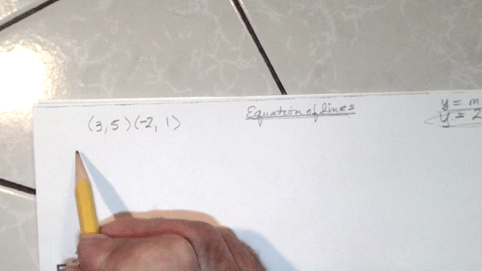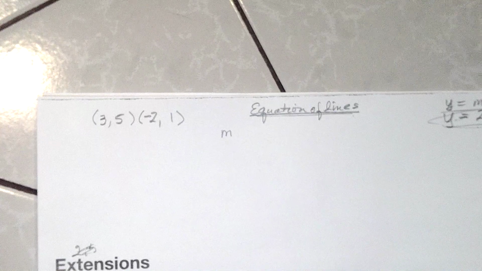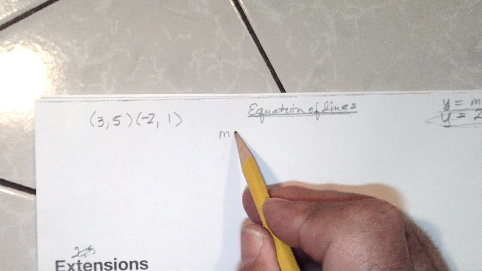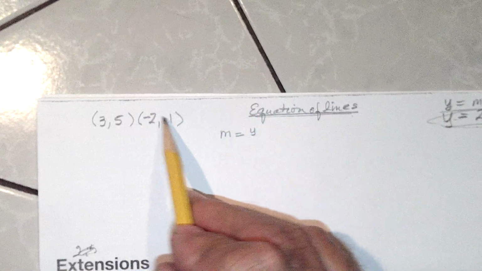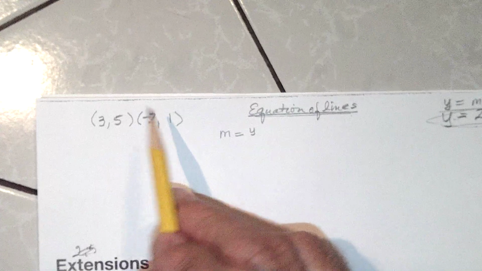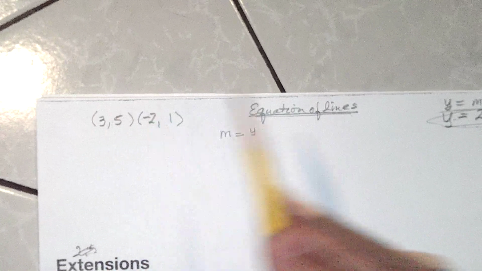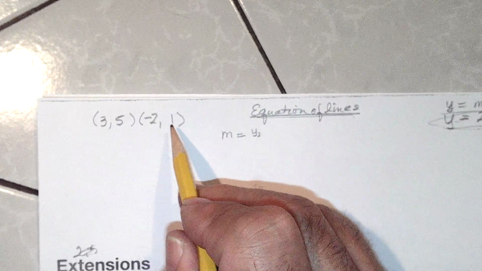Now, you may have found the slope of a line through a formula that said to do the y coordinate from the second point, and you could decide this is the second point and this is the first one, or this is the first one and that's the second one. Anyway, you take the y coordinate from the second point.